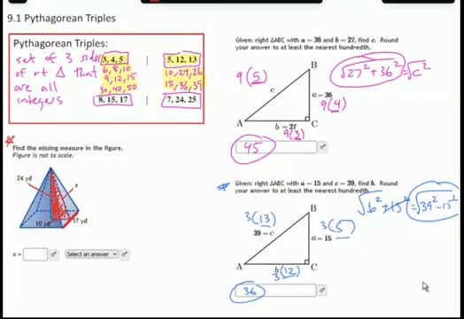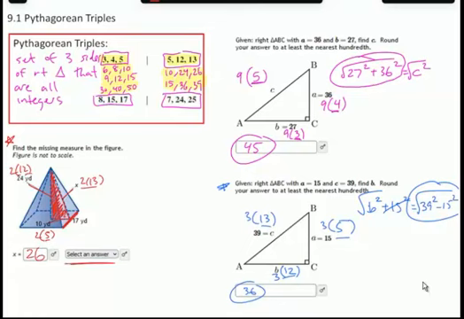All right, so if I look at 10 and 24, I recognize that those fit the pattern of 5 and 12. So this is 5 times 2. This is 12 times 2. So I have a 5, 12, my pattern is 13 with a multiplier of 2. 2 times 13 gives me 26.